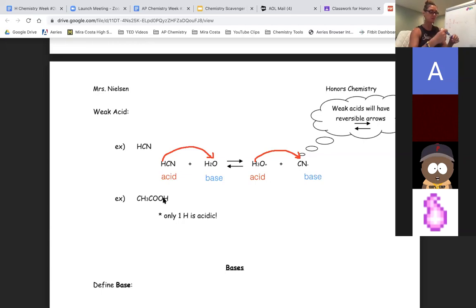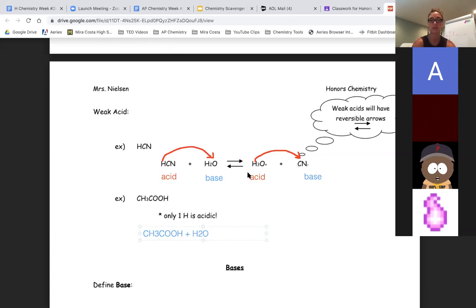So we could draw that out. Here's the way it would look. We would take CH3COOH plus a water molecule, and it would be a reversible arrow.